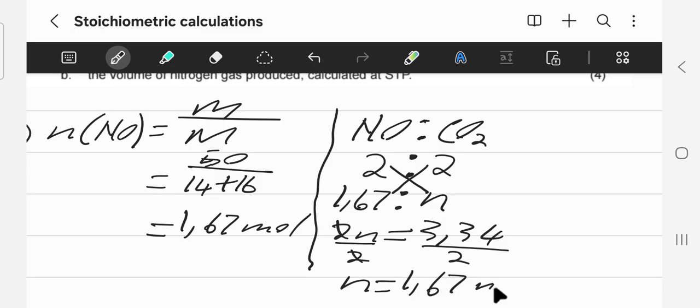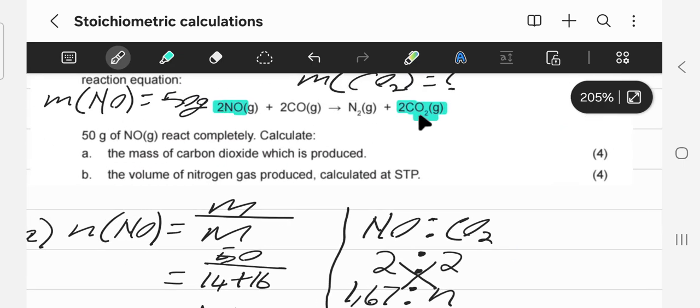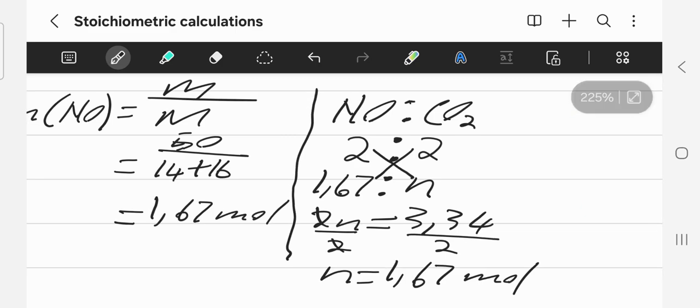So here, guys, you can see that if your two substances have the same coefficients, then they will have the same number of moles. But you can use the calculation to really prove that that's going to be the case. So this is how we find the number of moles of carbon dioxide.